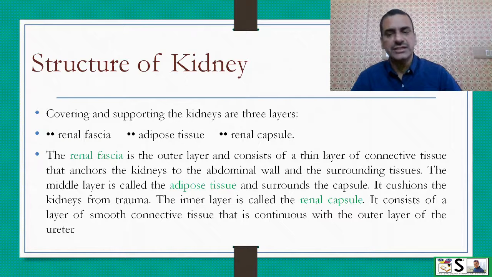The middle layer is called the adipose tissue, which surrounds the capsule. It cushions the kidney from trauma. The inner layer is called the renal capsule. It consists of a layer of smooth connective tissue that continues with the outer layer of the ureter.